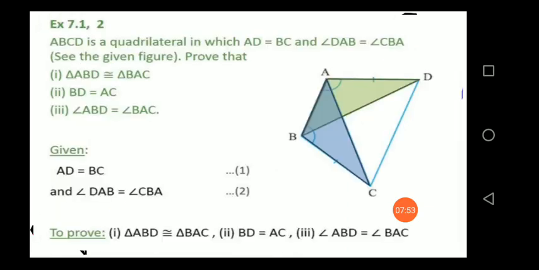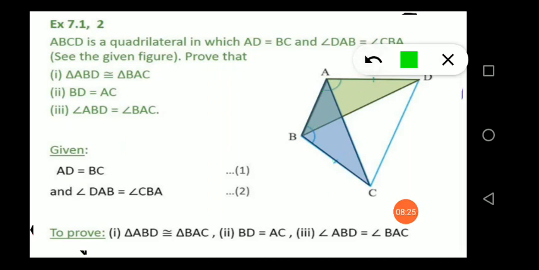Now here it is given again that ABCD is a quadrilateral in which side AD is equal to BC, and angle DAB and angle CBA are also equal, as shown in the figure.